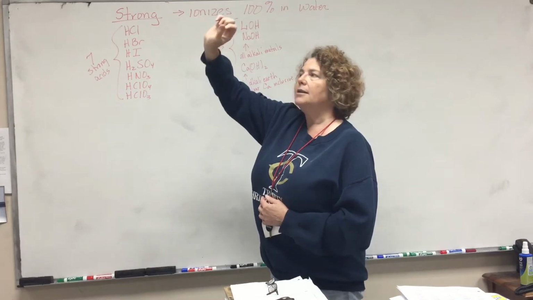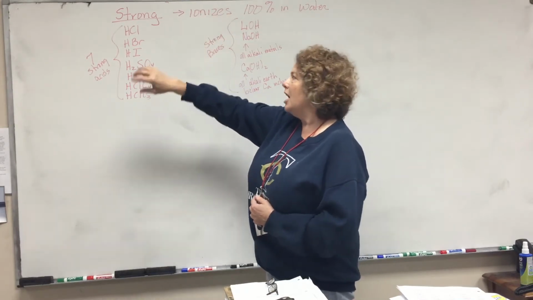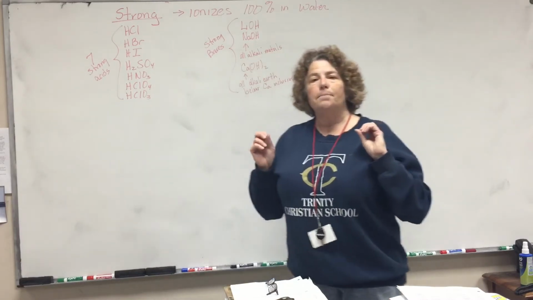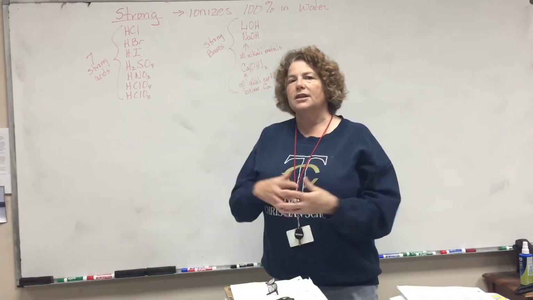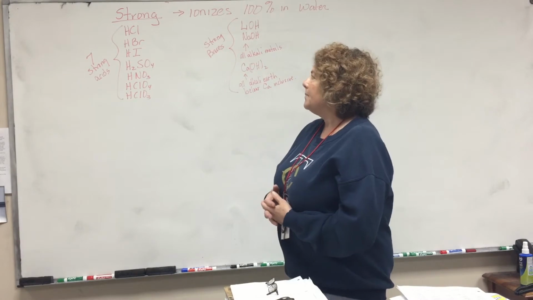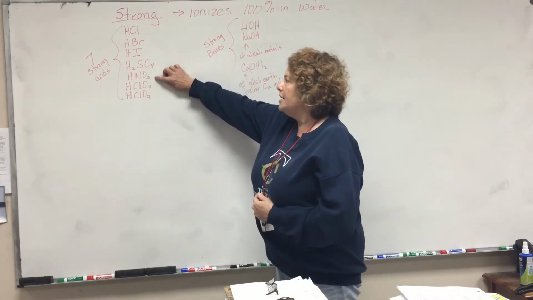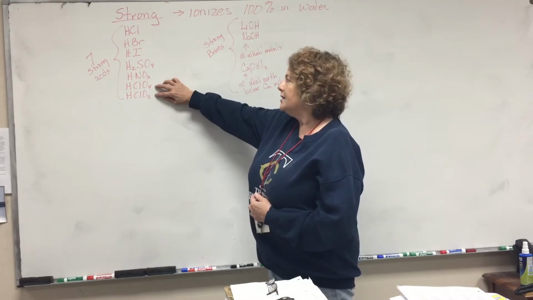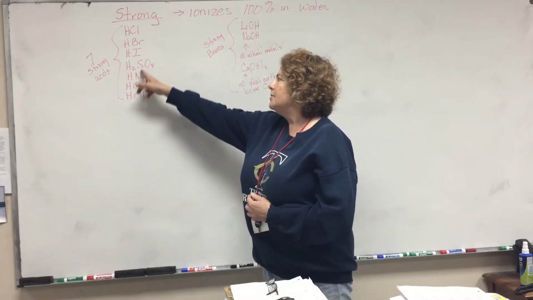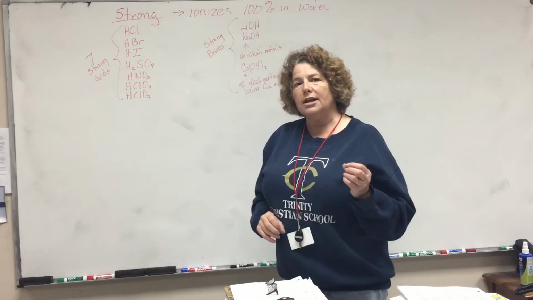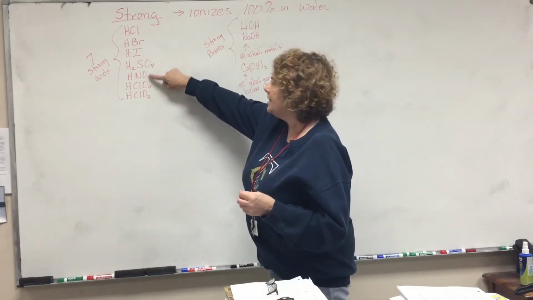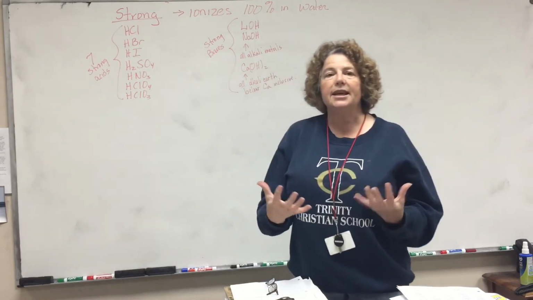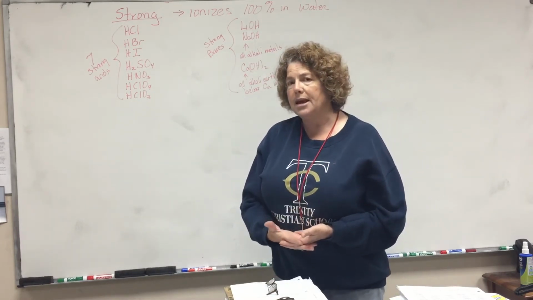HF is a weak acid, but HCl, HBr, HI are strong acids because those things have very high electronegativities. H2SO4, HNO3, and HClO4 are all very strong acids because these elements have strong electronegativities and they have a lot of O's. And that's a lot of detail that you'll learn even more in AP chemistry.